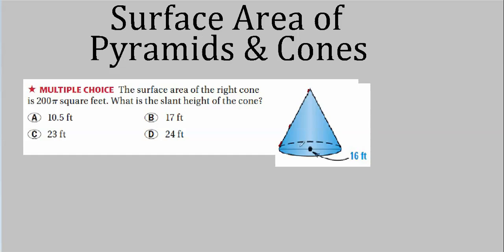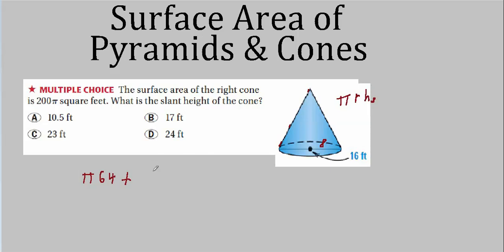This part here, let's see, 16, so it has a radius of 8. Okay, so we should have pi 8 squared, or 64 pi, plus, well, remember, the lateral part of a cone is pi r, sometimes they call the slant height L, or h sub s for slant height.